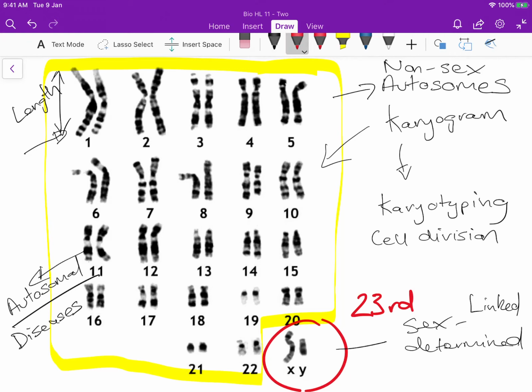As we can see, this person has one X and a Y chromosome. The Y is what gives maleness. It leads to male characteristics, so this person will be genetically a male. And if the person had had two of the longer chromosomes, two of the X chromosomes, then they would be female.